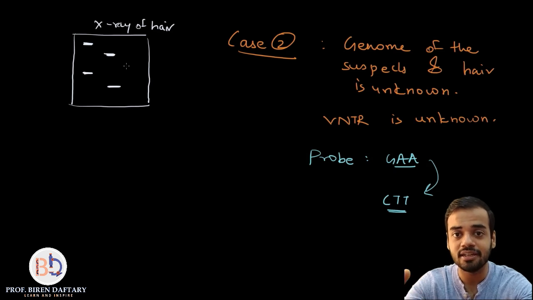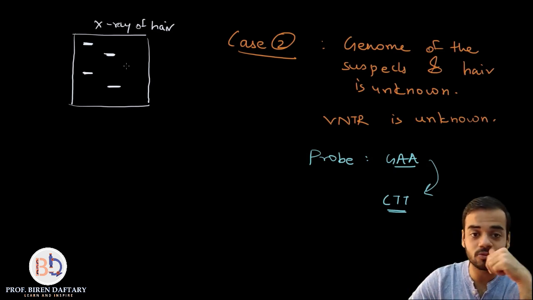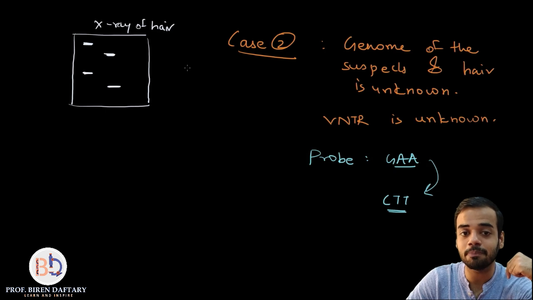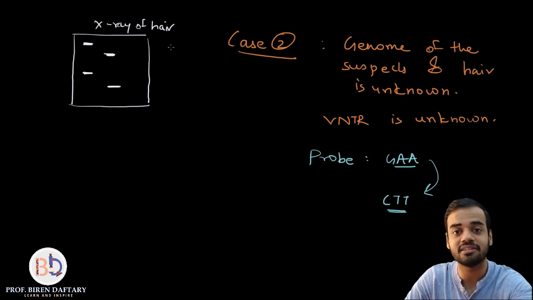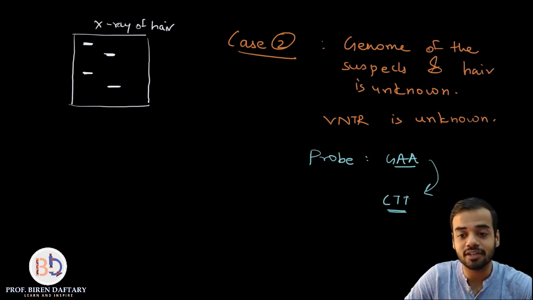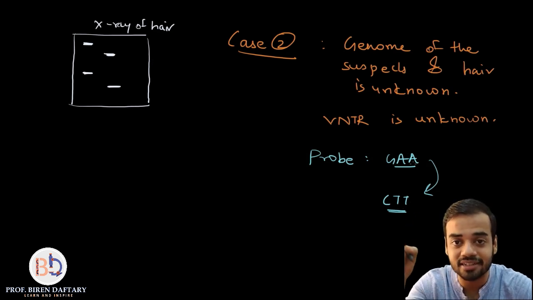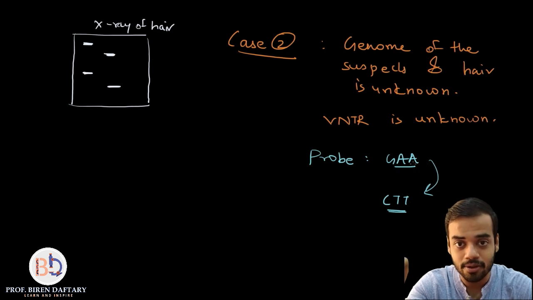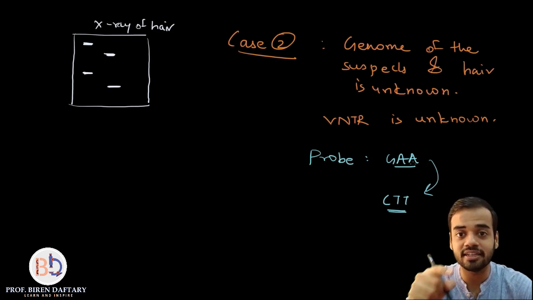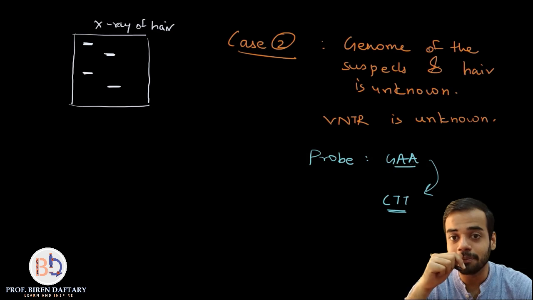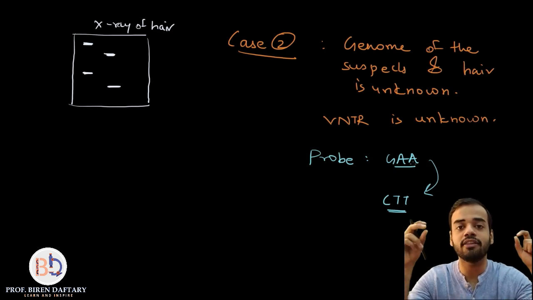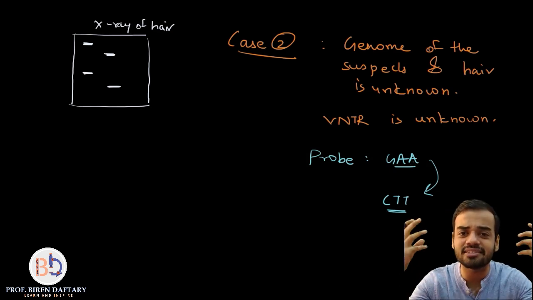Obviously the hair is of that person. So the DNA sequence of that person is going to be the same as the DNA sequence of the hair, and that is why this GAA probe is going to bind at exactly the same locations as in the case of the hair.